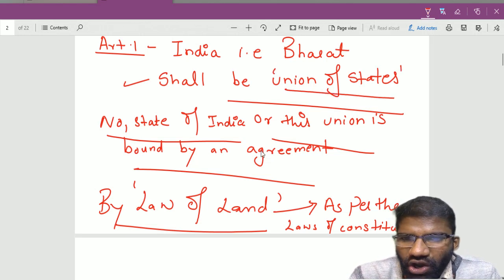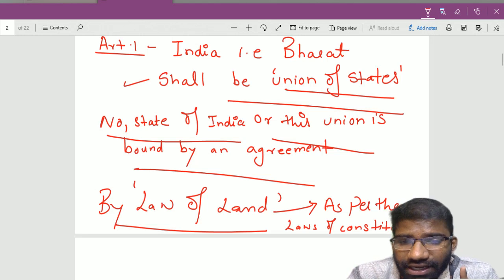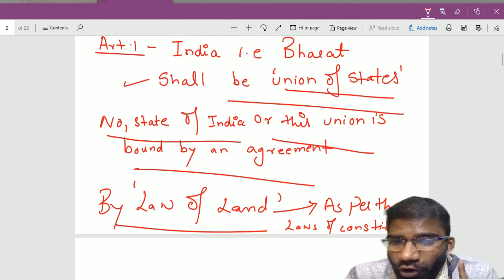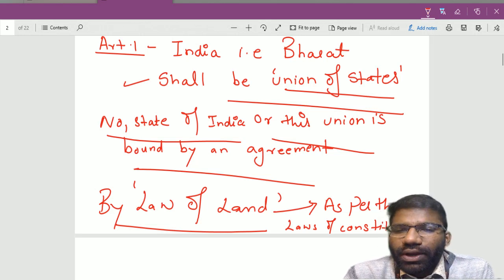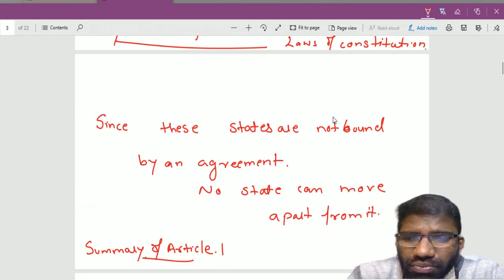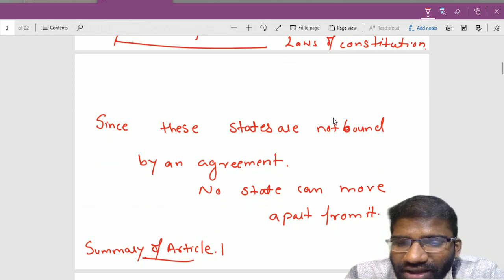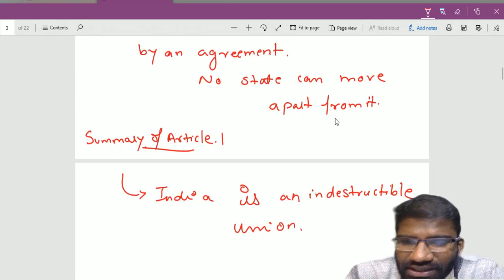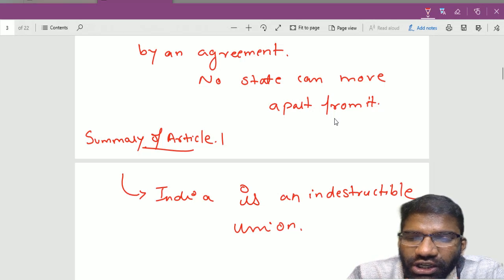No state of India is bound together by an agreement; it is bound as per the law of the land. Since it is not bound together by an agreement, no state has any right to move apart from this union. That is, no state can break away from India. So the summary of Article 1 is, India is an indestructible union.